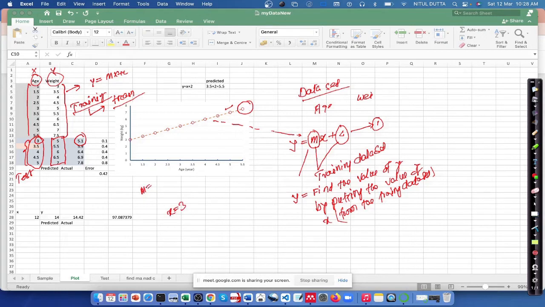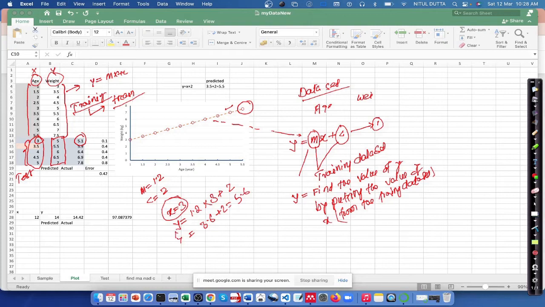Let us say m is equal to 1.2 and c is equal to 2. Then we find the value of y equals 1.2 multiplied by 3 plus c. It becomes 3.6 plus 2, which is, for example, 5.6, and this value is called the predicted value, y hat, right?